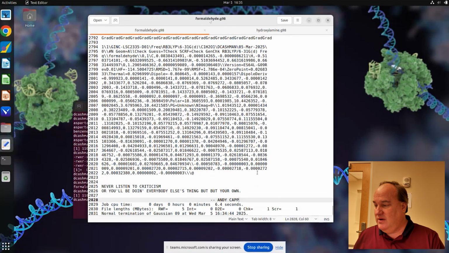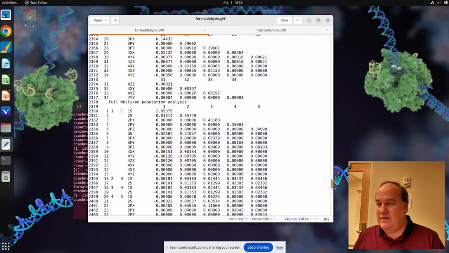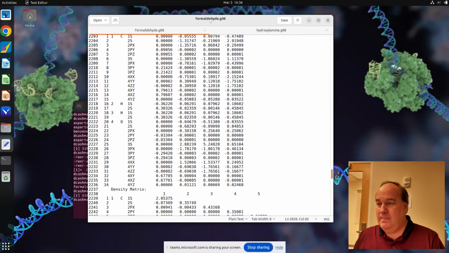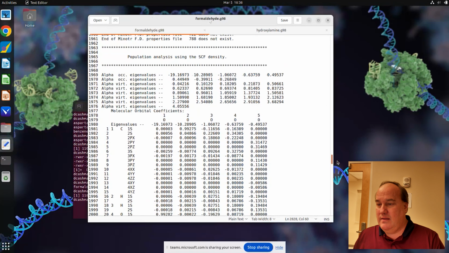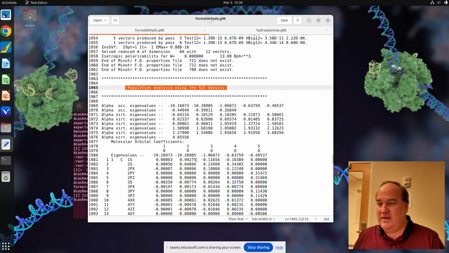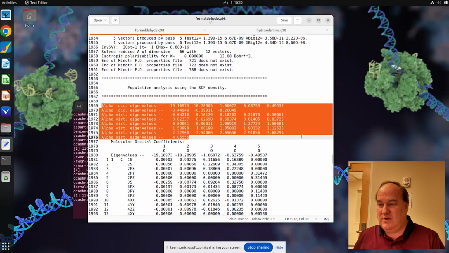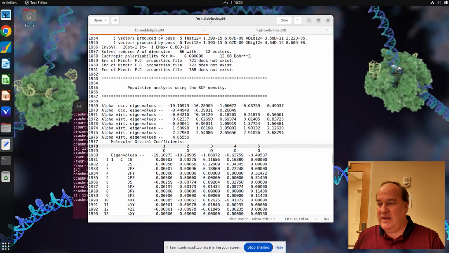So now what I look at, I want to find a line up here. I want to look for the population analysis using SCF density, and I want these alpha occupied and virtual eigenvalues right here, right? So these are all my energies for all of the eigenvalues, and these are all in atomic units.